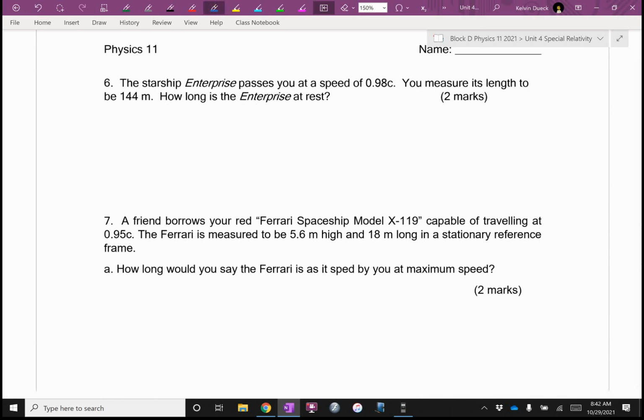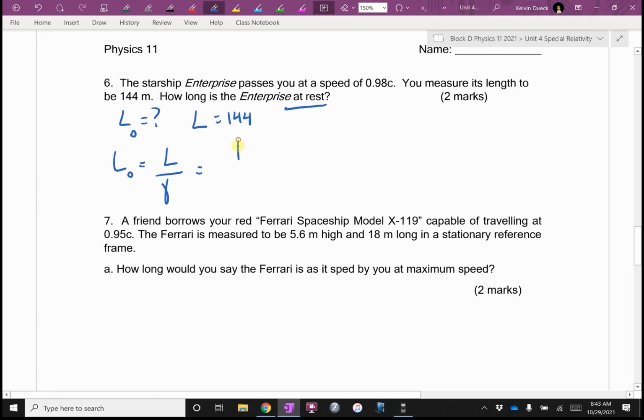I think this one is asking me to find L0. How long is it at rest? So that must mean that 144 is L. Yes, it's moving past me, and I measured it while it was moving. So I'm going to have to get the L0 by itself. L0, is that going to be L divided by the square root thingy? I think.